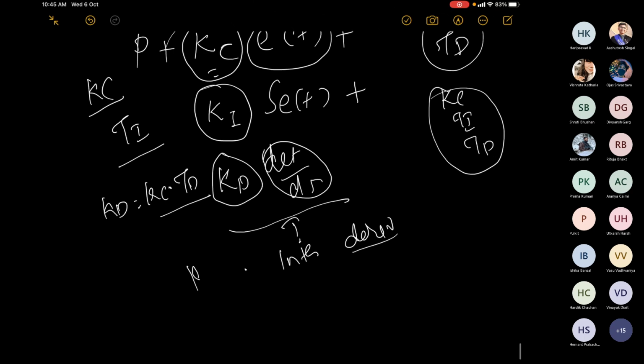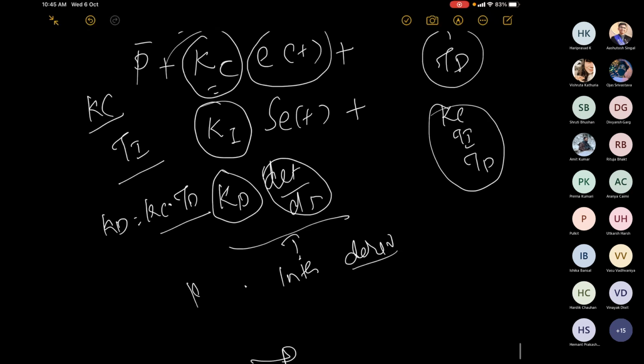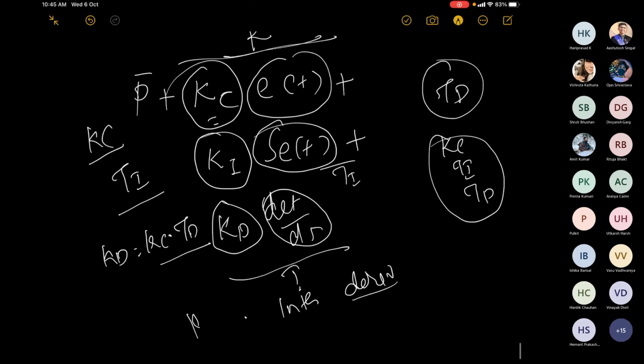The integral term would not have any problem because it would keep on integrating, and you are also dividing it by tau I, so the general effect on the integral term would not be that significant, while Kc and tau d, the proportional part and derivative part, would have a big kick.